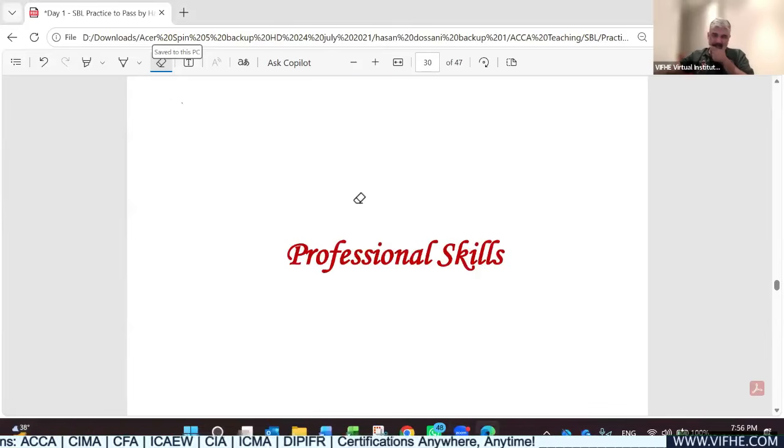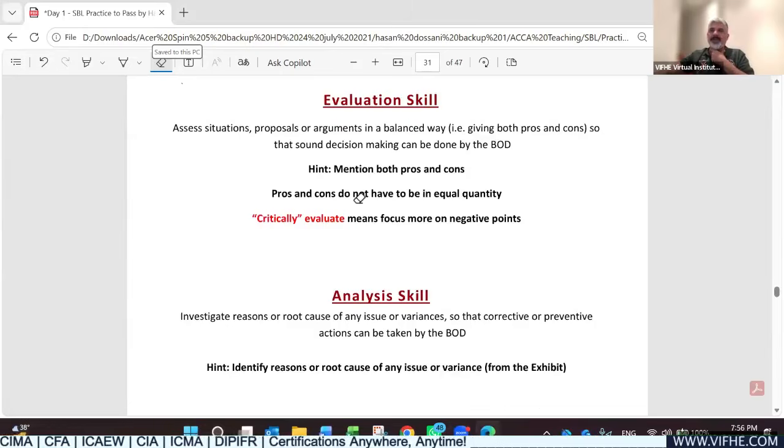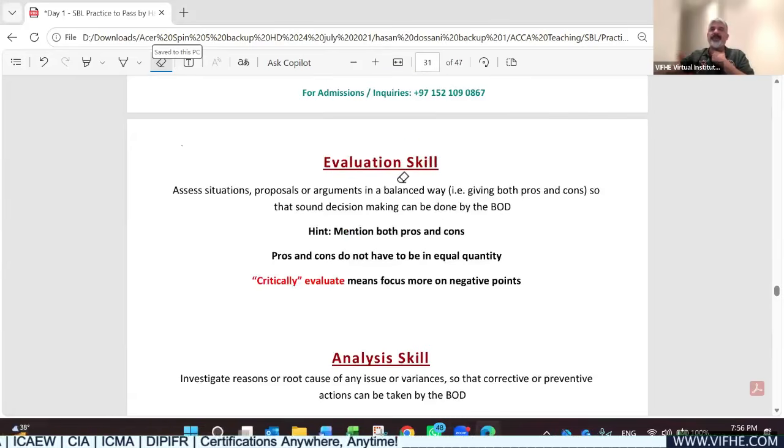You're right. So let's talk about the first one, evaluation skill. Very simple, very easy. Evaluation skill simply means that when you are drafting your answer, make sure that you include both pros and cons.